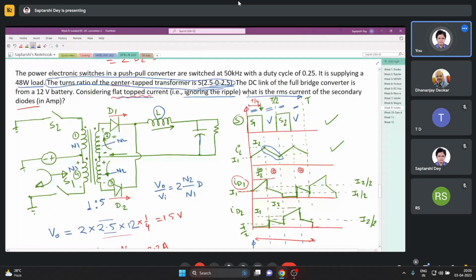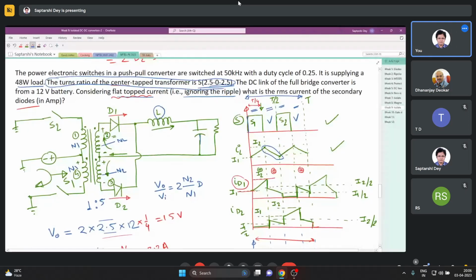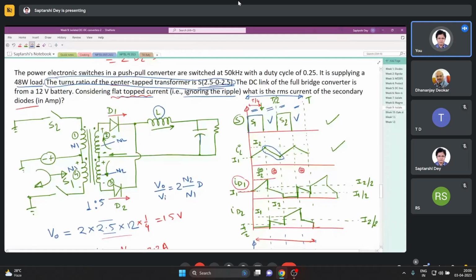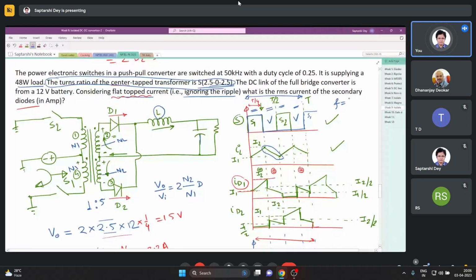After this, the switching repeats itself. The switch S1 is turned on for this time, turned off for this much time, and again turned on here. So the frequency of switching is 1 by T.